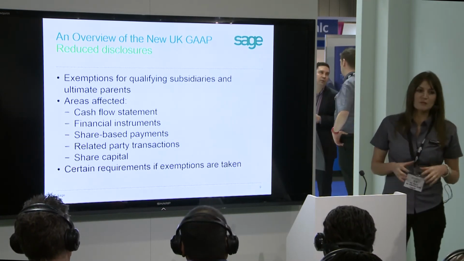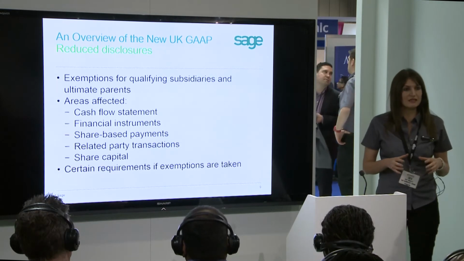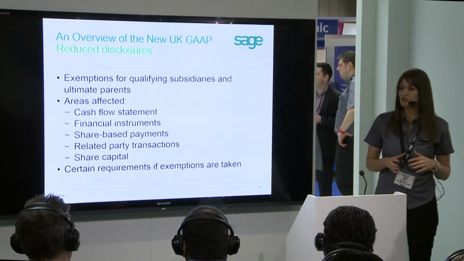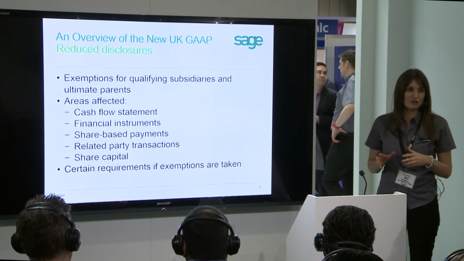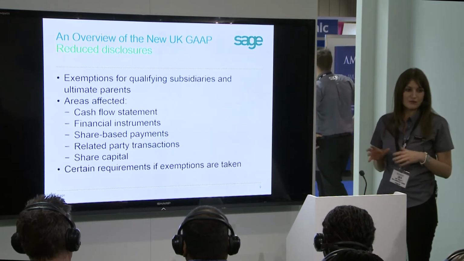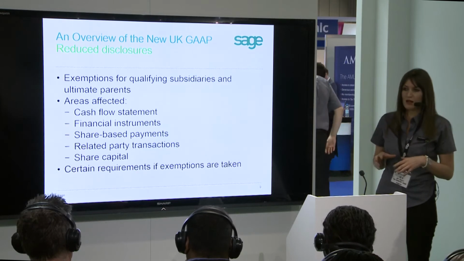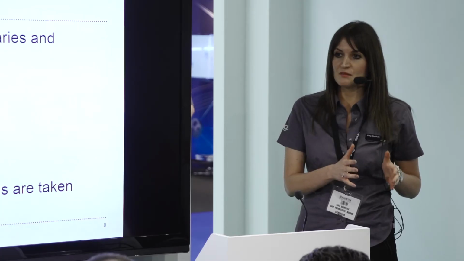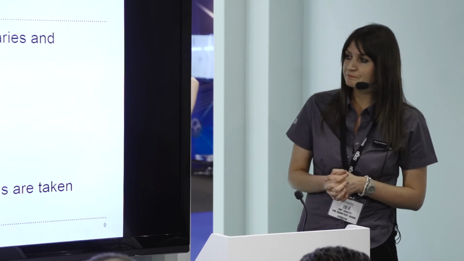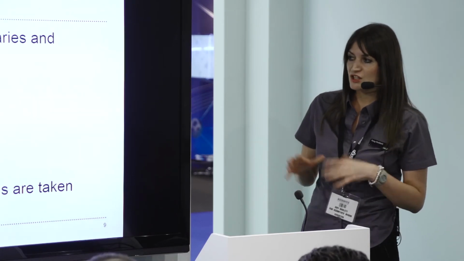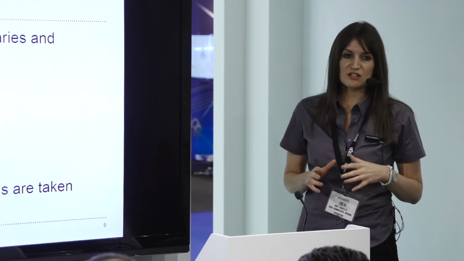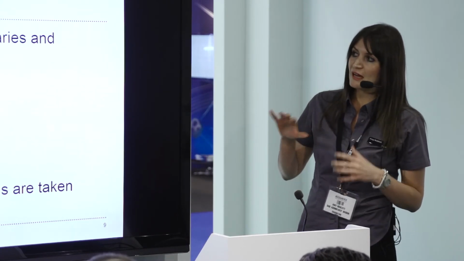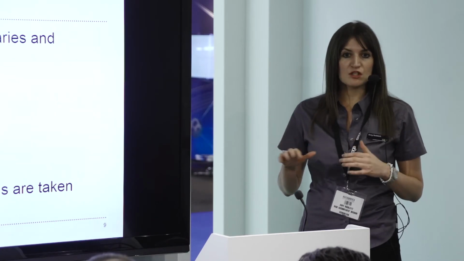And again, I mentioned about financial instruments, that you need to make disclosures in your accounts for financial instruments. But again, there's an exemption available from disclosing that information for the parent. You're not exempting, the group isn't exempt, but the parent company would be. And then the other share-based payments, related party, share capital, are relatively minor. But again, you can choose which exemptions you want to take.